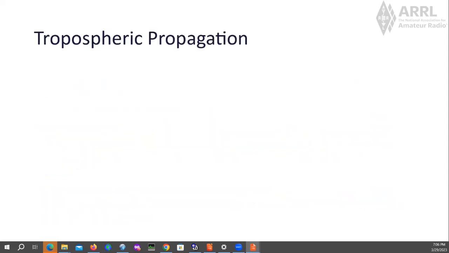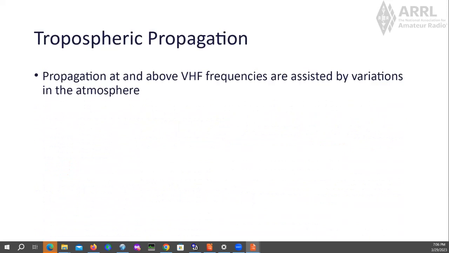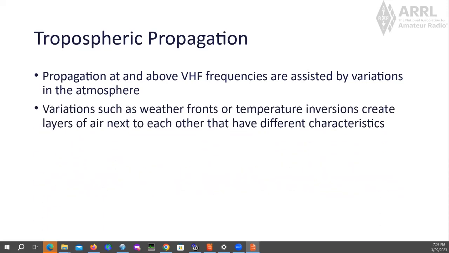Tropospheric propagation. Propagation at and above VHF frequencies are assisted by variations in the atmosphere. Variations such as weather fronts, temperature inversions, create layers of air next to each other that have different characteristics.